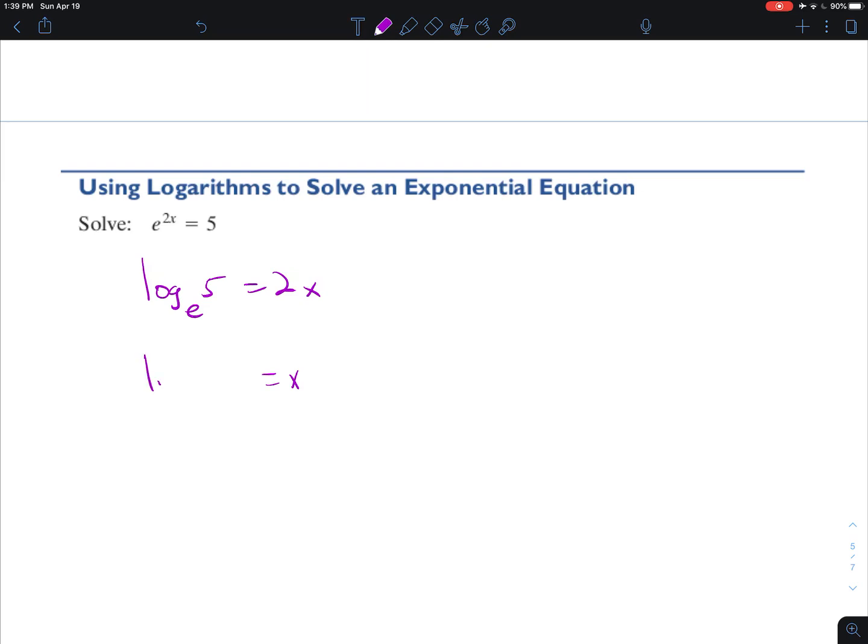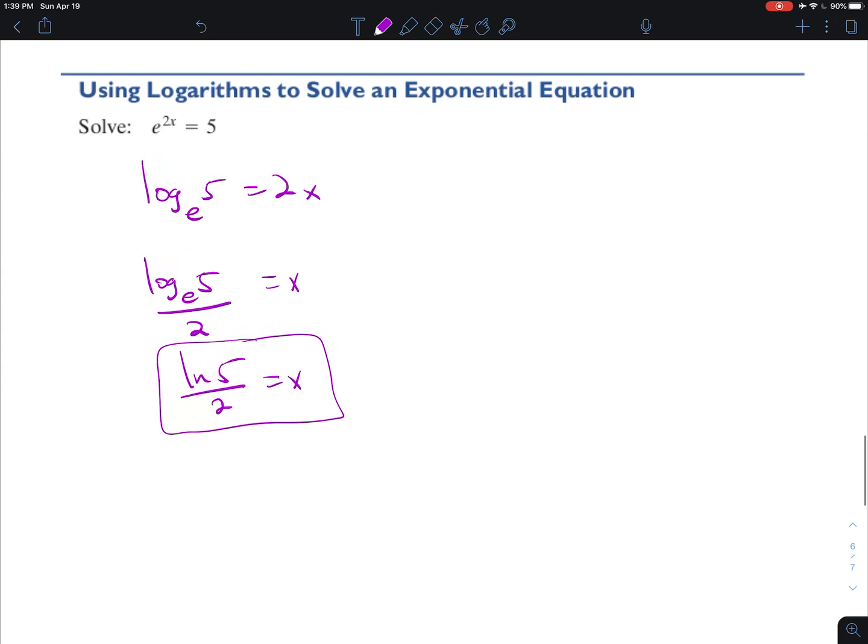Therefore, x equals log base e of 5 over 2. And again, another way of writing that is natural log of 5 over 2 equals x. And for now, there's your exact answer. We'll talk about how to get maybe a decimal on the calculator and what to do with that next class.